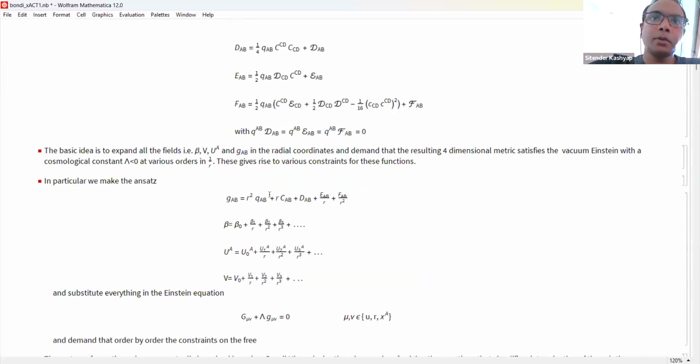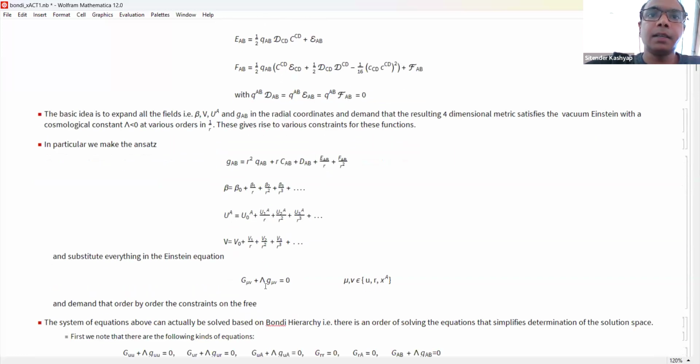Now, with these expansions, our goal is to substitute all of them in the Einstein equation, with the cosmological constant term lambda, and demand that the Einstein equations are solved order by order. So the idea is that if we demand all these arbitrary tensors CAB, DAB, E, beta 1, beta 2, beta 3, U0, U1, etc. to be arbitrary, these equations will not be identically zero.